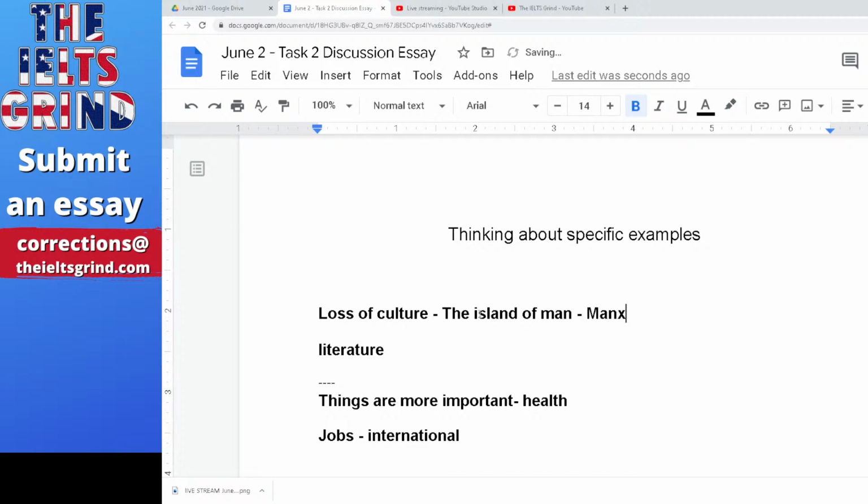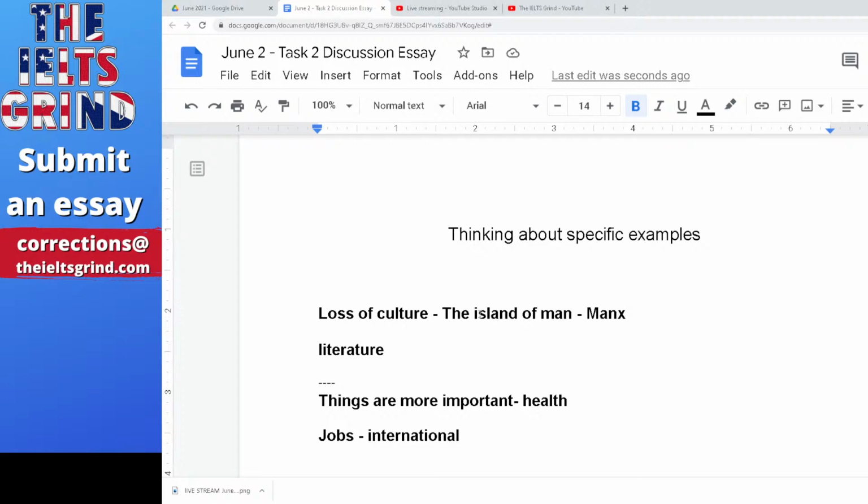We call people from the Isle of Man Manx, and it was a culture based on Vikings originally. About 1,000 years ago, Vikings invaded and set up a community there, and they have a culture very much connected to Scandinavian culture traditionally.